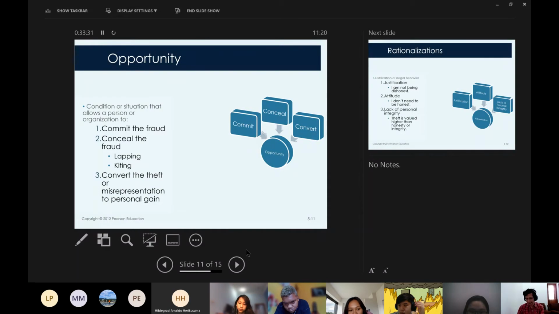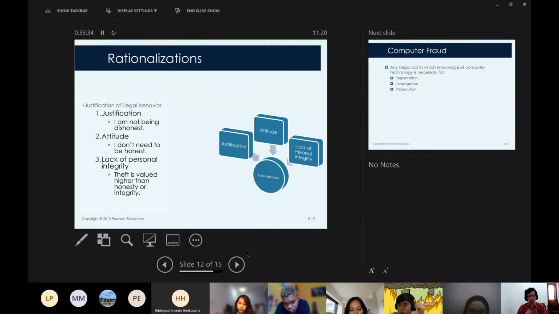Okay. Third, and this is the hardest part, is rationalization. Look, a lot of people who commit fraud say, "I'm not doing this for myself, I'm doing this for somebody else." Or if I steal an asset from the company, I say that I didn't steal it.